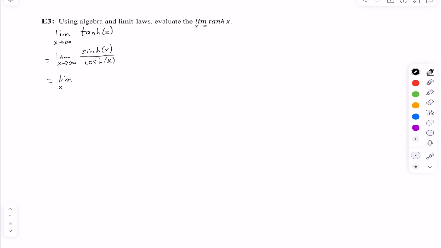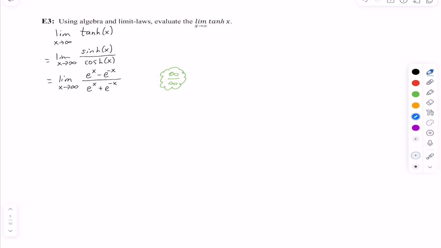Now we want to get it into the combinations of exponential functions. Then we could actually start checking the form of these fractions. I'm ready to check the form here. If you check the form here, this looks like infinity over infinity, which is indeterminate.